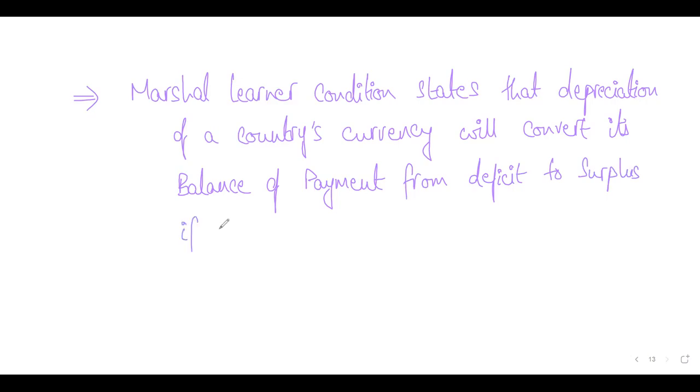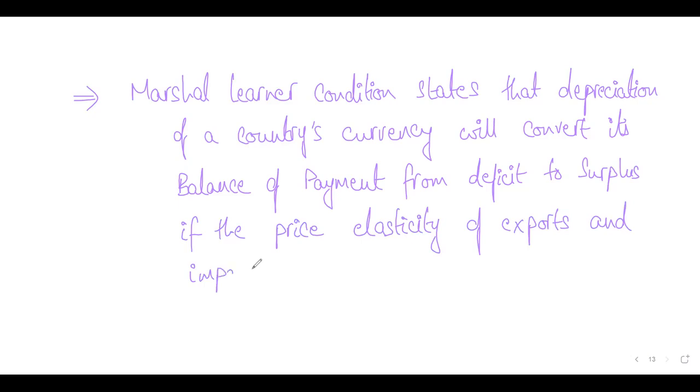If the price elasticity of demand, now this is the requirement, this is the condition, right? So price elasticity should be more elastic. Elasticity of exports and imports combined, right?